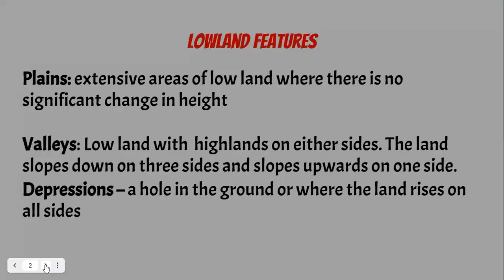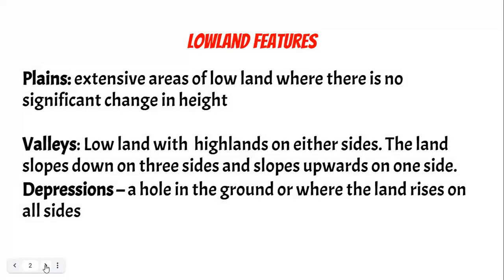Today we are going to look at some lowland features. Some of the features that we associate with lowlands are plains, valleys, and surface depressions. A plain is an extensive area of lowland where there is no significant change in height.